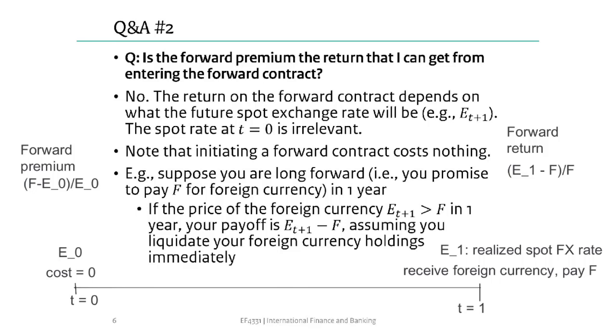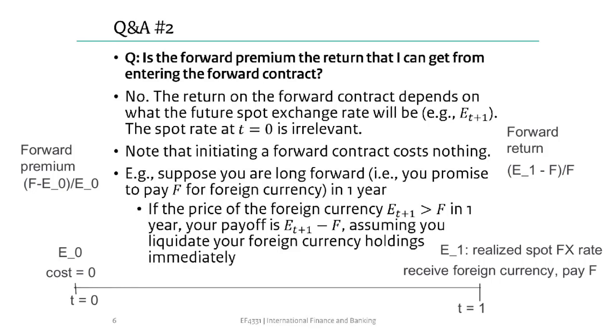But at the same time, something's changing between time 0 and time 1, right? The underlying asset, in this case, is foreign currency. So two things you should note is that E0, E naught, I'm going to say naught sometimes for E0, so E naught stands for the time 0 spot exchange rate. And I'm going to denote E1 as the realized spot exchange rate, FX rate. Okay.